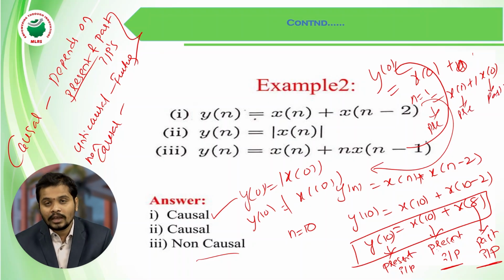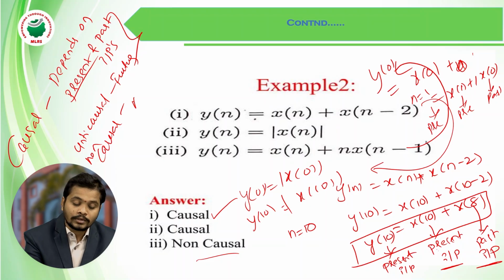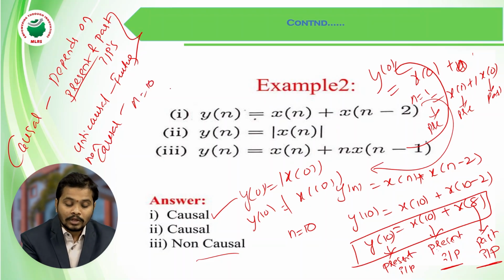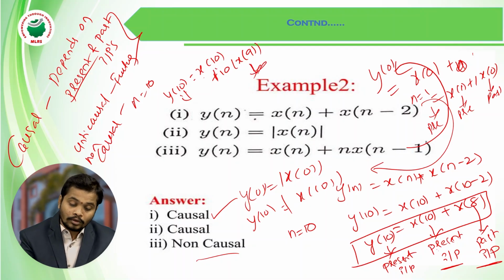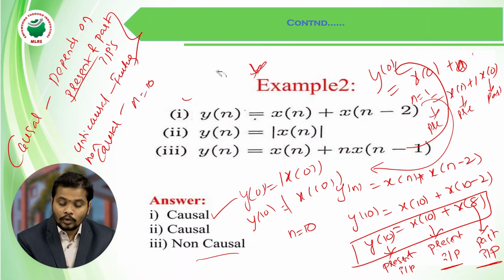So till now it is causal only. Next we will see n equals 10. Y of 10 equals x of 10 plus 10 into x of 9. This is present, past, so this is also a causal system. Now we will go through the negative values and see what happens here.